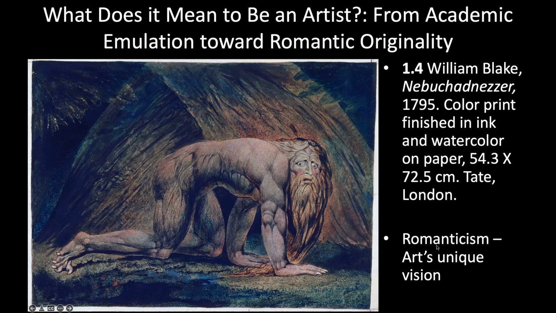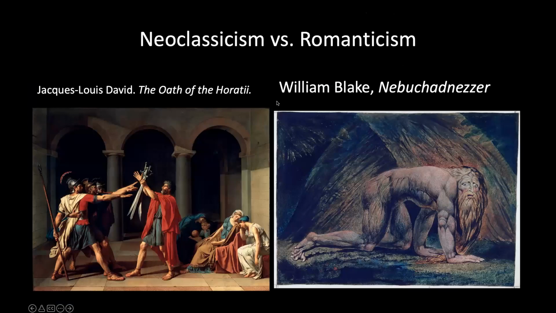So art's unique vision. So with Nebuchadnezzar, and again, you could pause the video and take a look at this and see if it helps you understand a little bit. But I would compare and contrast. So neoclassicism is the style that we saw in this David painting. It was popular in France and other places at the end of the 18th century.